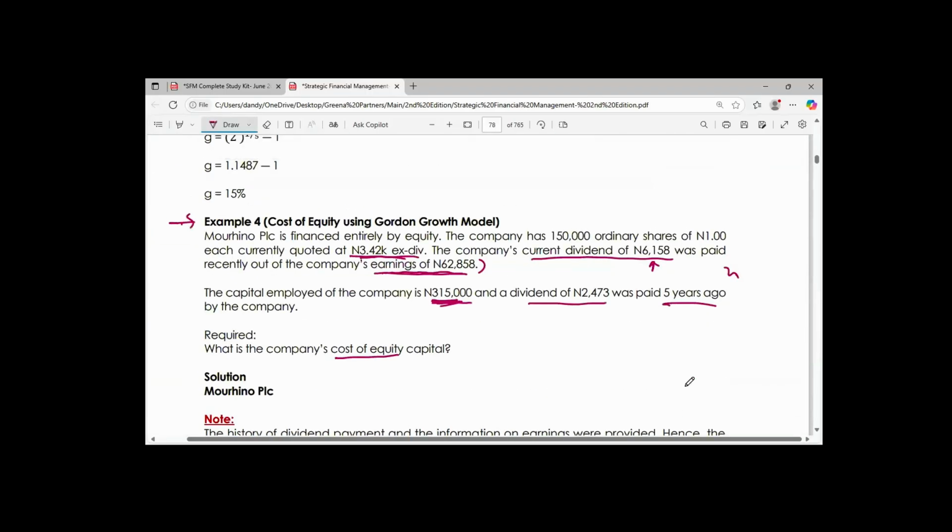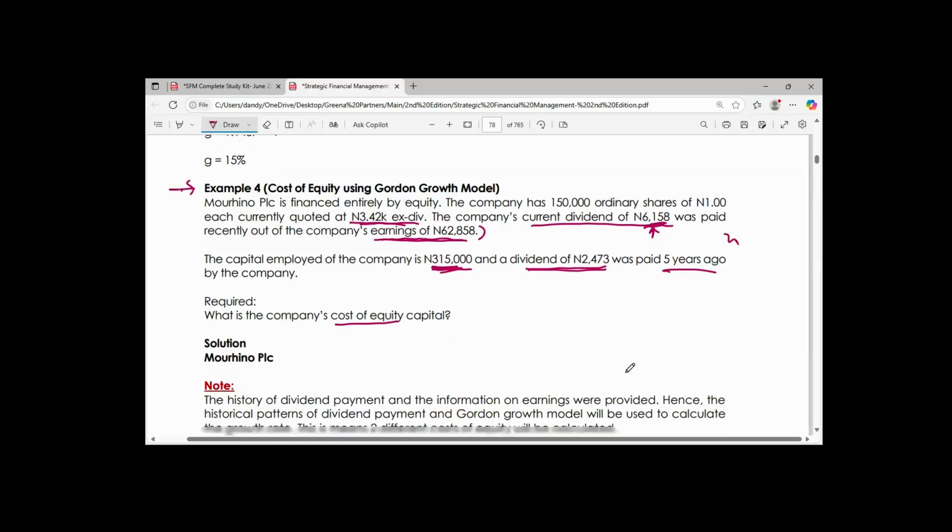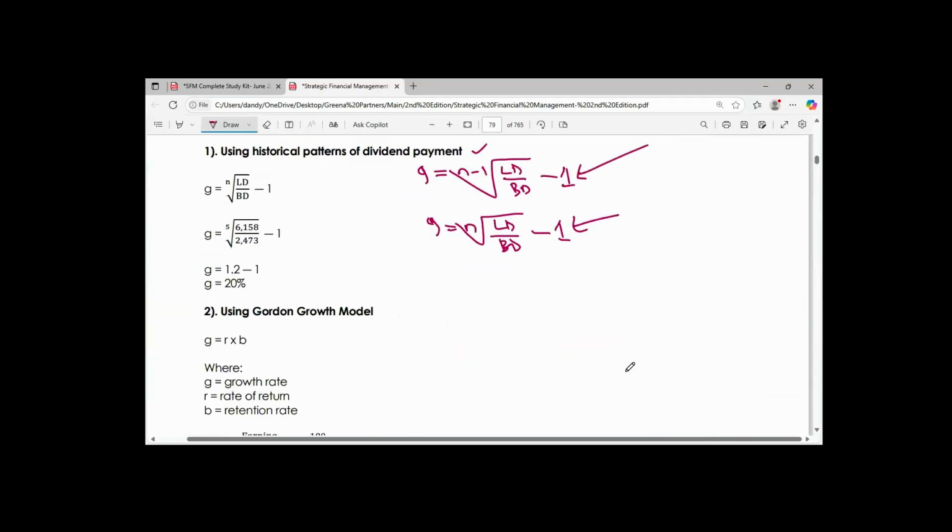Look at it, you are told that a dividend of 2,473 naira was paid 5 years ago. The first year dividend is 2,473. The current year dividend is 6,158. So you are given information on the dividend paid in the first year and then the current year. Therefore, your formula will be G equal to N into square root latest dividend divided by dividend paid in the first year. And that is why we use this formula here.